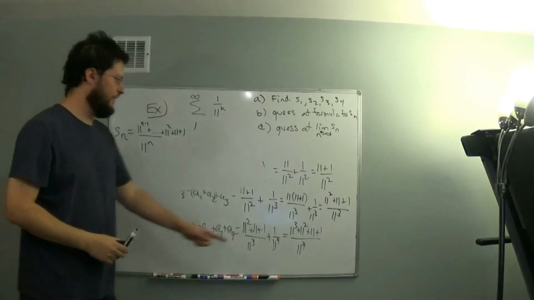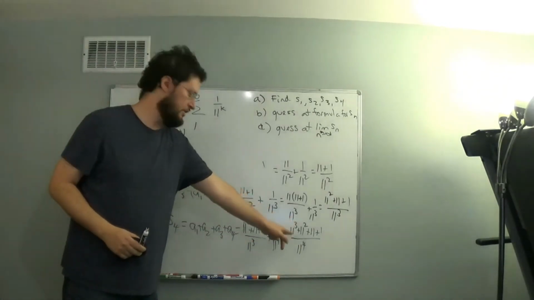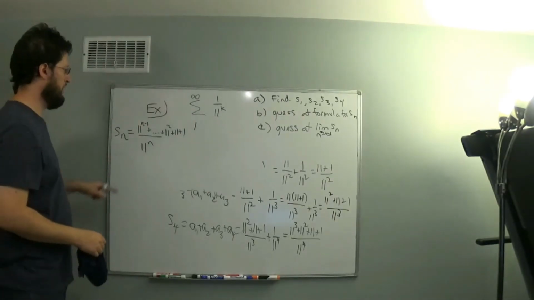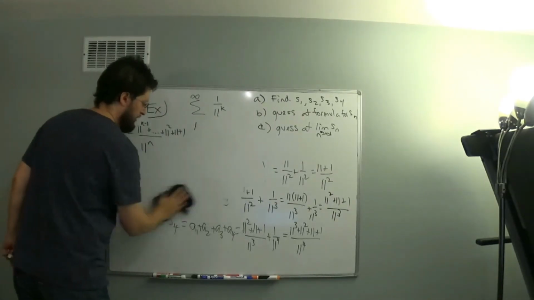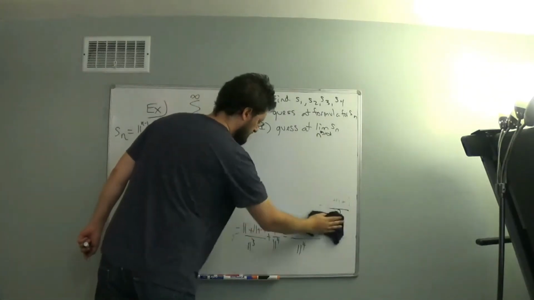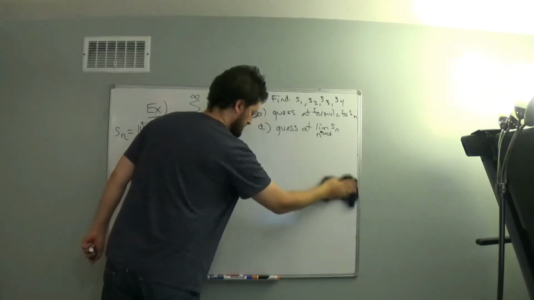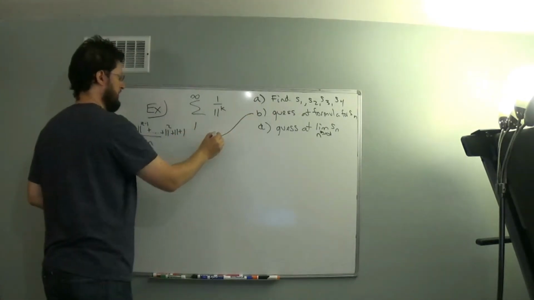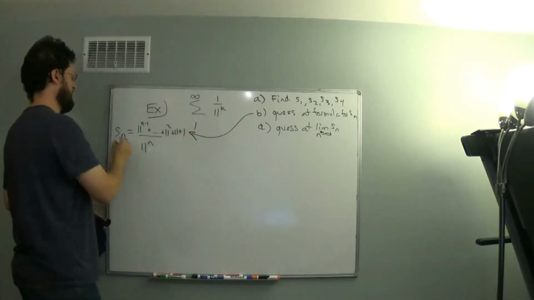Notice that the final exponent in the numerator is 1 less than the denominator, which is exactly what I wrote right there: 11 squared all the way down to 1. Denominator is 11 to the n. So this is the answer to part B, right there.